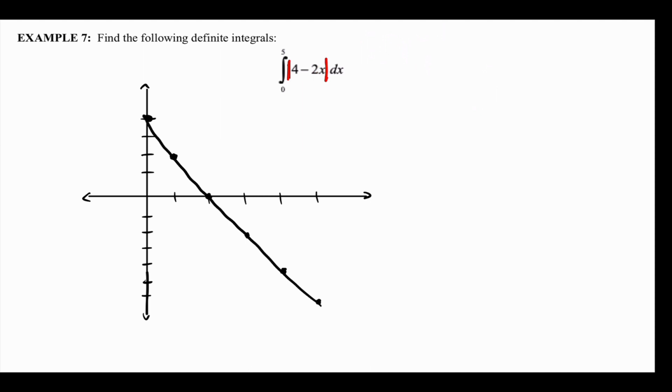Okay, it's linear, so you always shade back towards the x-axis. Over here, I would shade above. Over here, I would shade below. And you have 2 triangles, one of them positive, one of them negative. Find the area of each, add them together, and you're done.